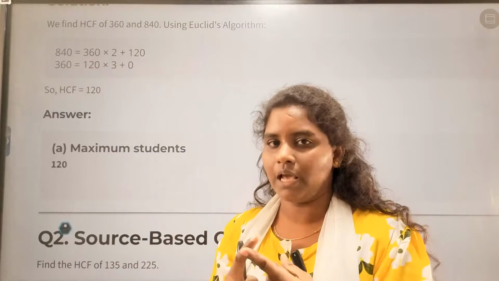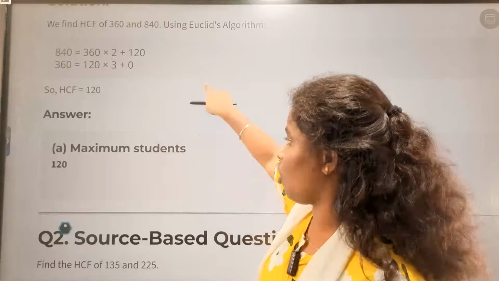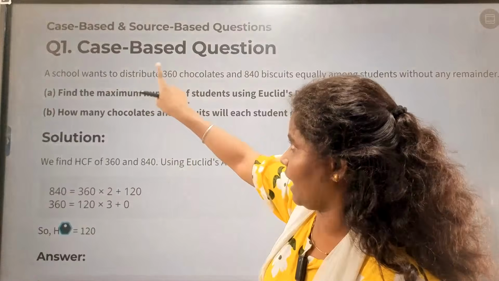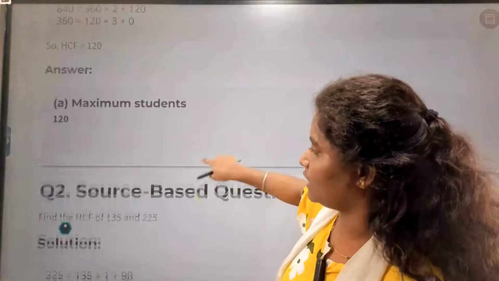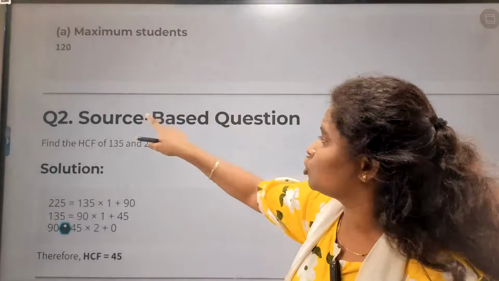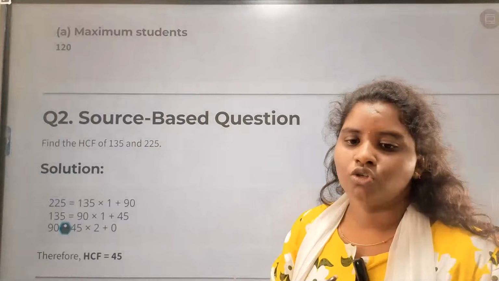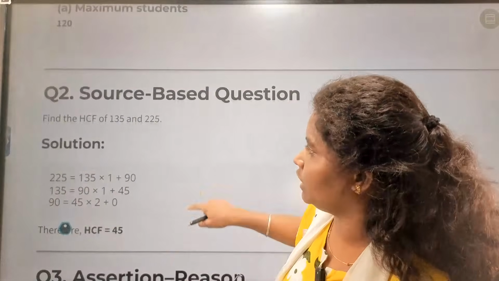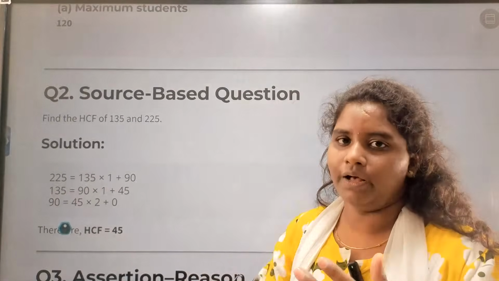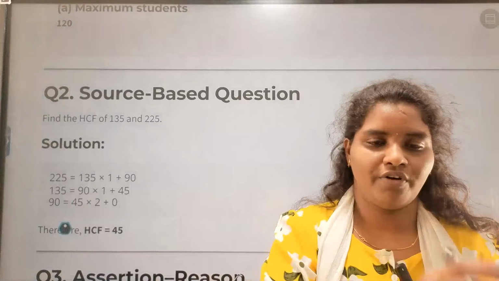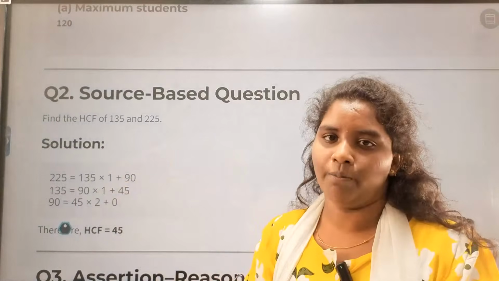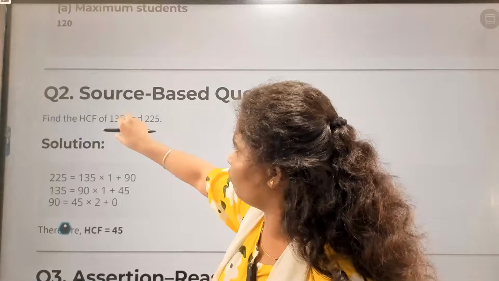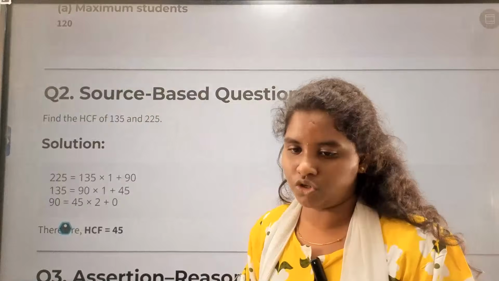The first type is the common case based question, and the second type is the source based question. In a source based question, it's a direct question: find the HCF of the given numbers. So this is under source based questions, right?